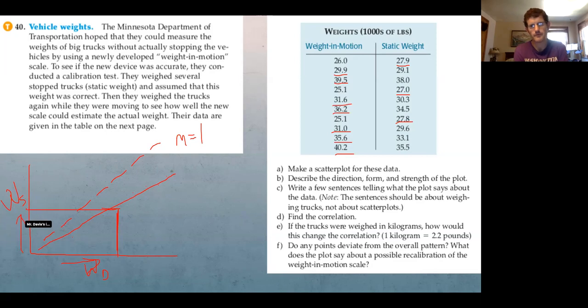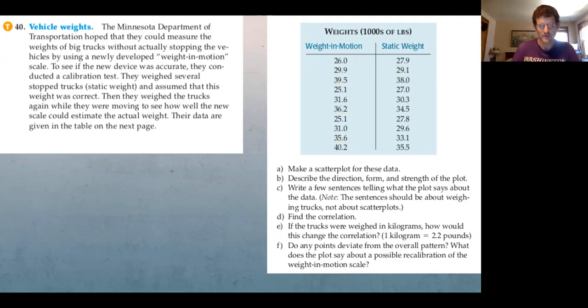So it's just an interpretation question. Any questions on that? So no heavy calculations with this, but some pretty heavy conceptual stuff to think about.